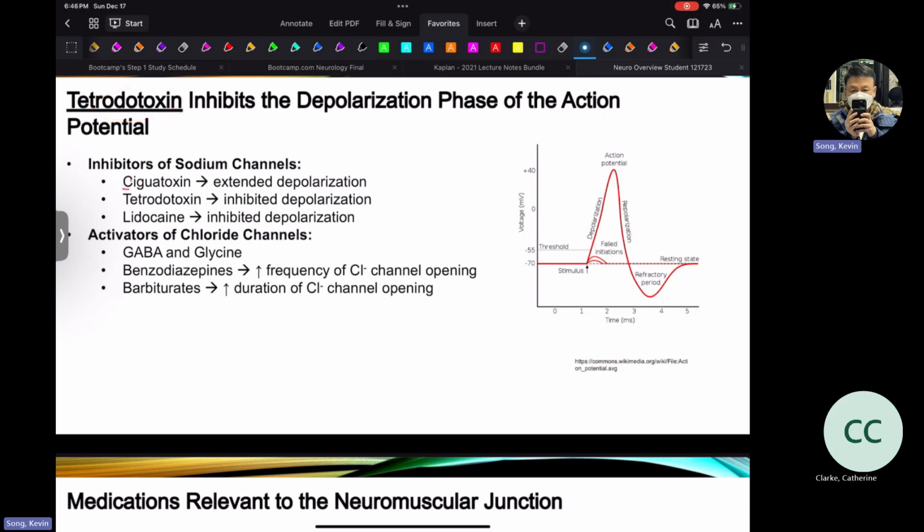There are some toxins that cause this kind of problem. For instance, the sugar toxin will keep the depolarized state for a very, very long time. This is the sodium channel, right? It's not really an inhibitor of sodium channel opening, but somehow the closing of the sodium channel will be inhibited.